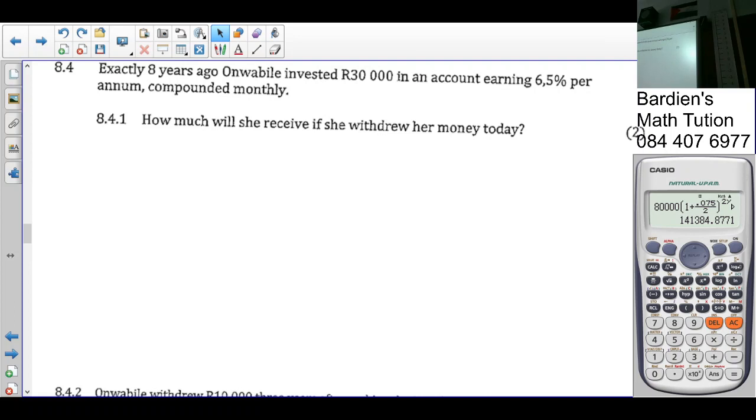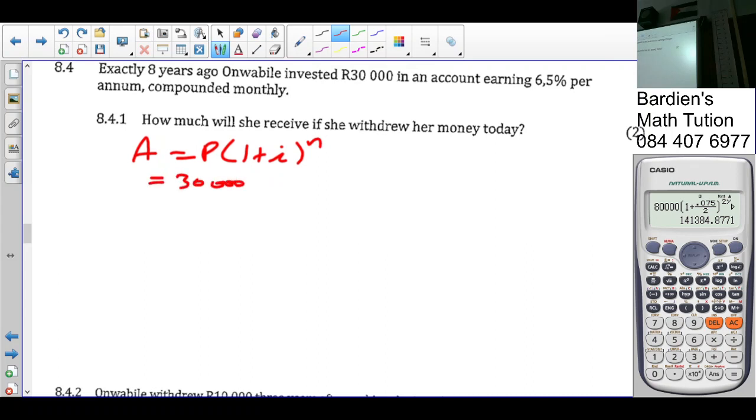For 8 years. Yes. Compound formula: A is equal to P into 1 plus i to the exponent n. So it's going to be 30,000 into 1 plus 0,065 per annum compounded monthly, 12 times 8. Not so?